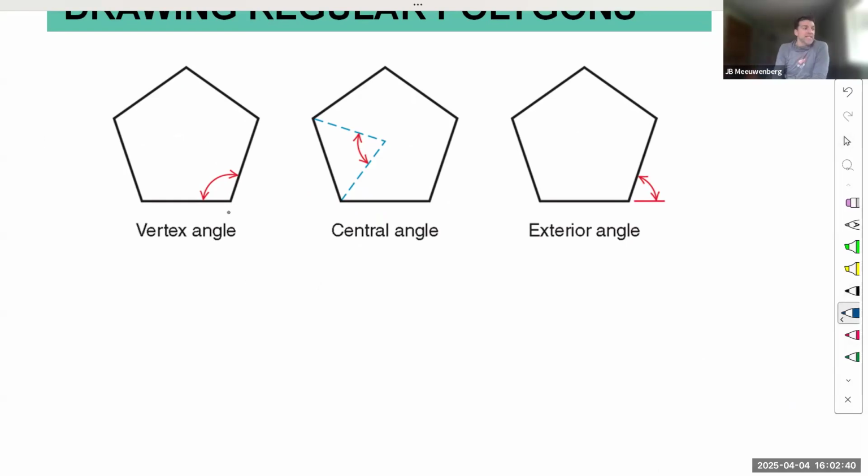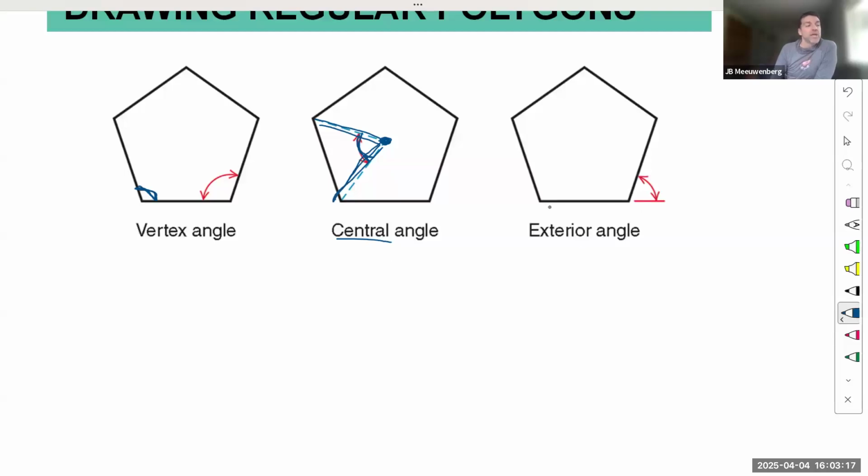The vertex angle is what's formed between two adjacent sides of the polygon. So where your polygon's sides meet up, that's going to be a vertex angle. If we take our polygon and go to the very center point, that's a very useful point a lot of times. And if you draw lines to adjacent vertices, the angle between those two lines would be called the central angle.